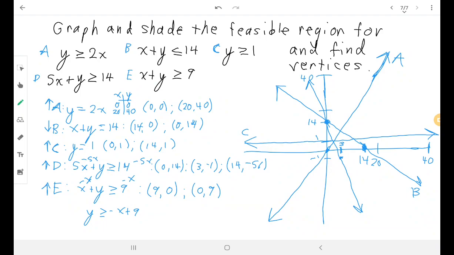And then 9, 0 and 0, 9, man, getting really cluttered here.